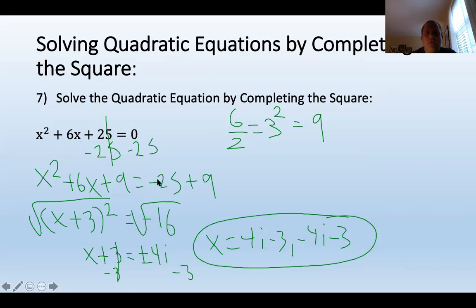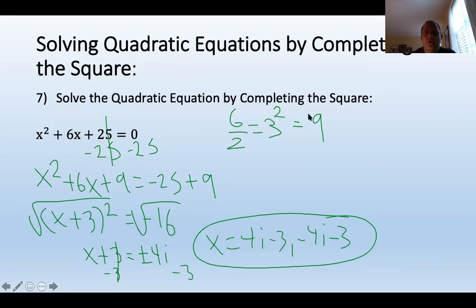Now, the next step in the process, you can see that I already have all the work here, but you would just have x squared plus 6x equals negative 25 at this point. To get the 9 that's showing up here, the way that was determined is I took 6, which is my b, and took half of it. So 6 divided by 2 is 3, and then I squared the 3.